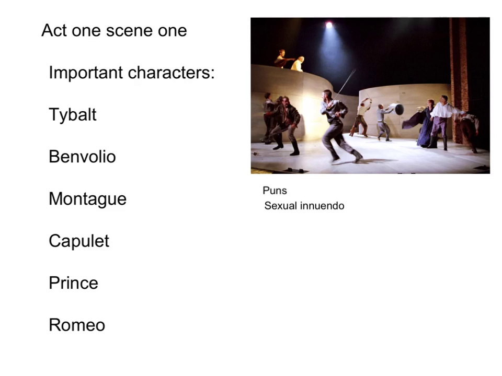So we see this language pervade the scene. So Samson and Gregory are in our scene, and they're Capulet servingmen. But in comes Abram, who's a Montague. And so the first thing that Samson does is he bites his thumb.